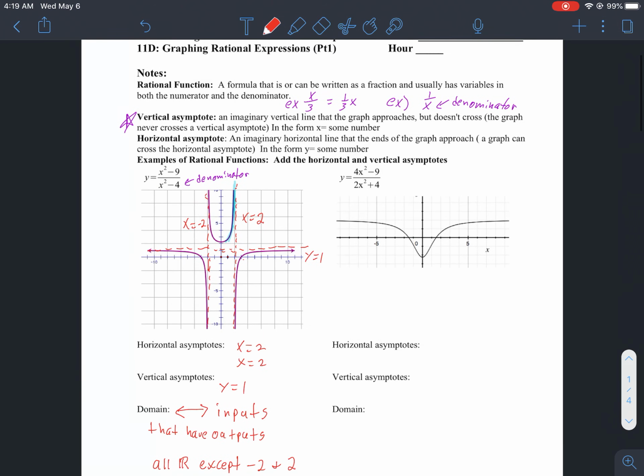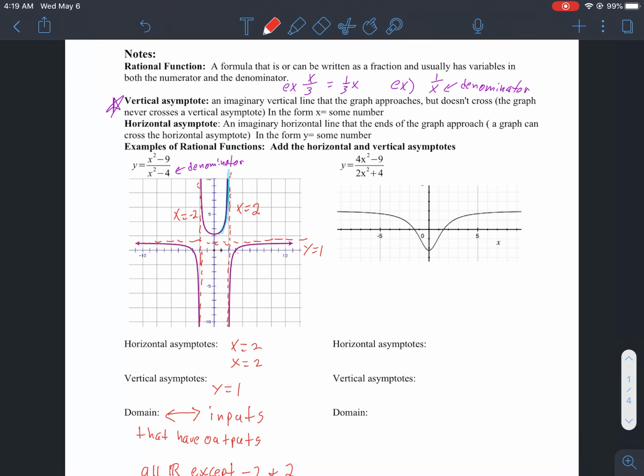Okay, in the next example, this is also a rational function where there's x's in the denominator. Okay, there's horizontal asymptotes. Oh, shoot. I usually list my vertical asymptotes first, so I goofed them up in the last problem. Maybe I'll start over. No, I won't. I'll just switch it.